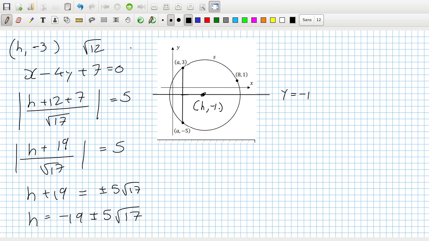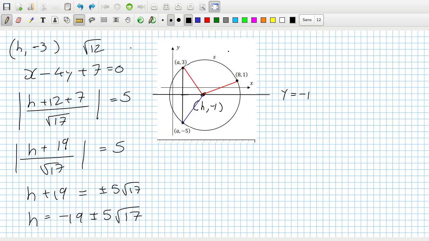So two equations really. The distance here to here has to equal this distance. And likewise, this distance here has to equal this distance as well.